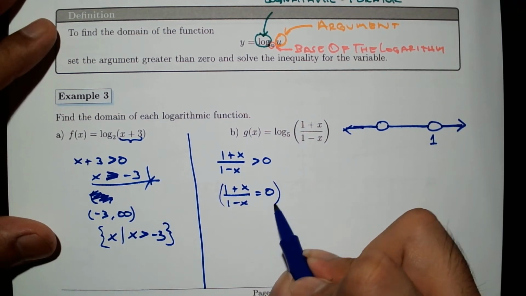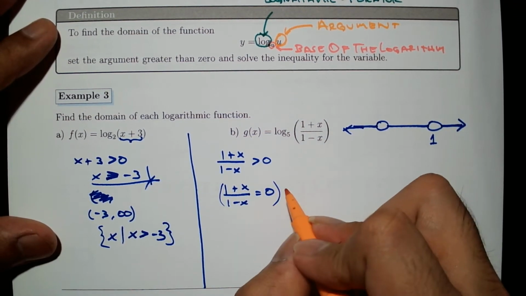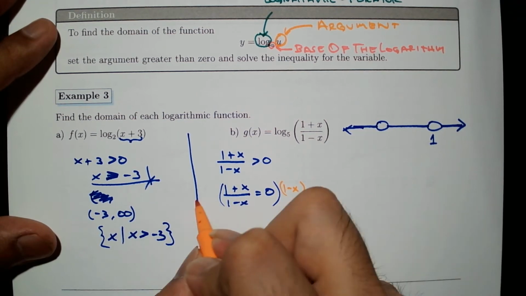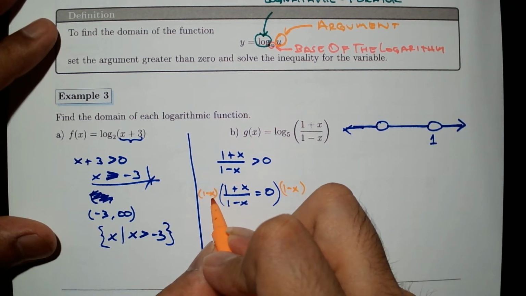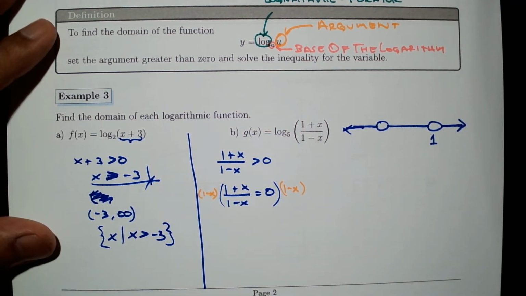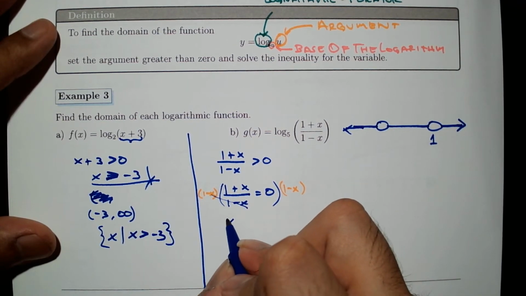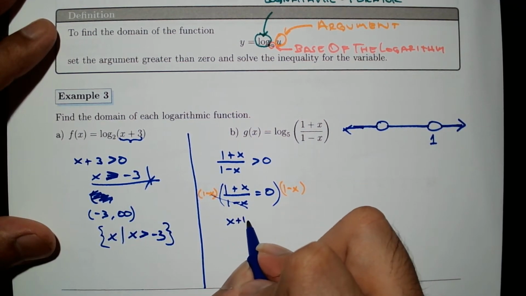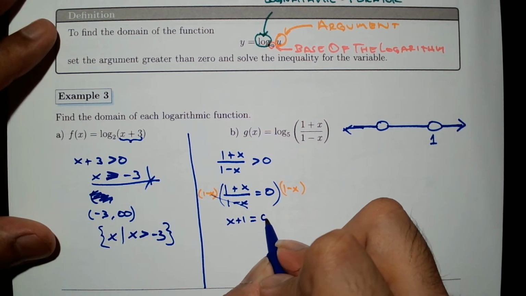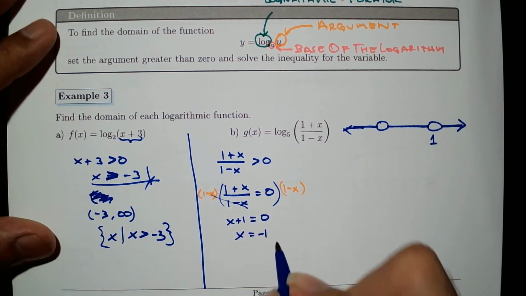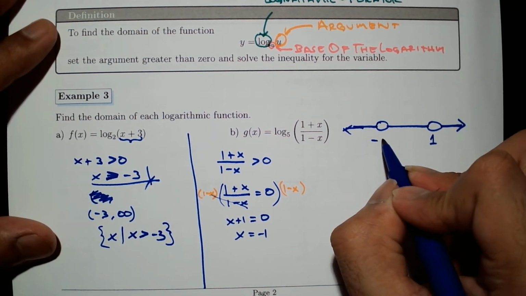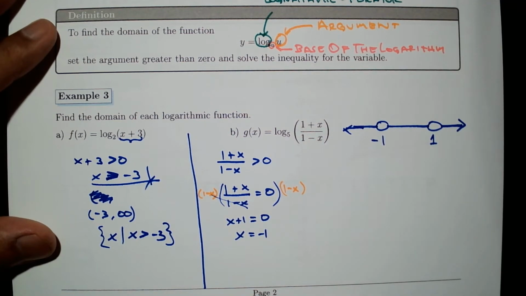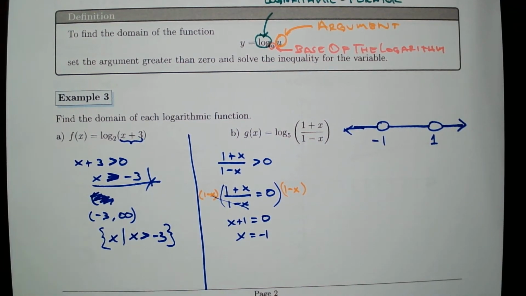So multiply both sides by 1 minus x and cancel. We get x plus 1 in the numerator. Well, x plus 1 equals 0, and x equals -1. So -1 is the other number that we need to exclude.